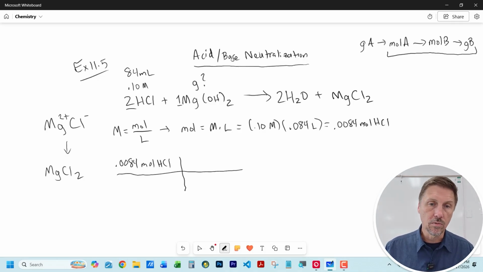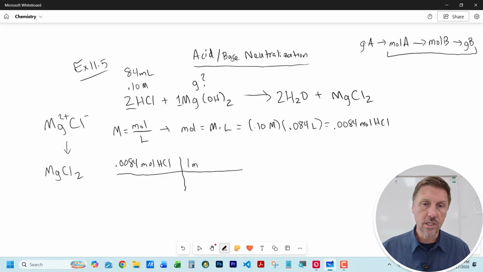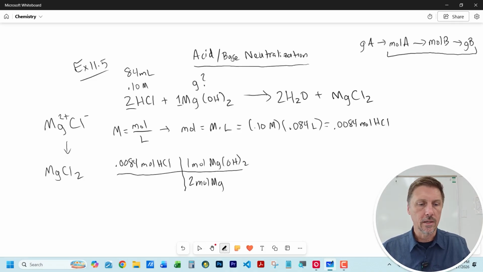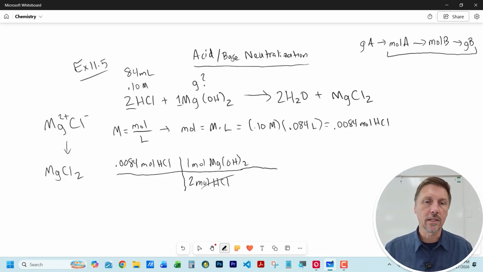So we're going to do 1 mole of MgOH2 over 2 moles of HCl. There we go. I'll get it right in a second, right? So that's going to cancel out and leave us with the moles of MgOH2.